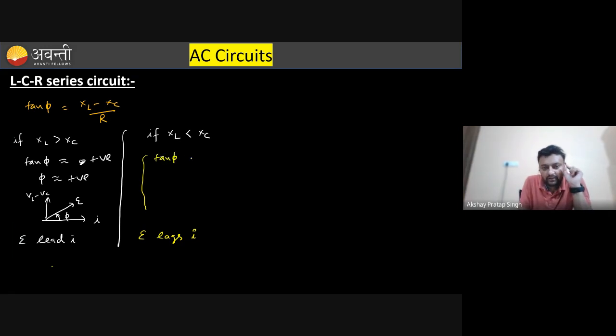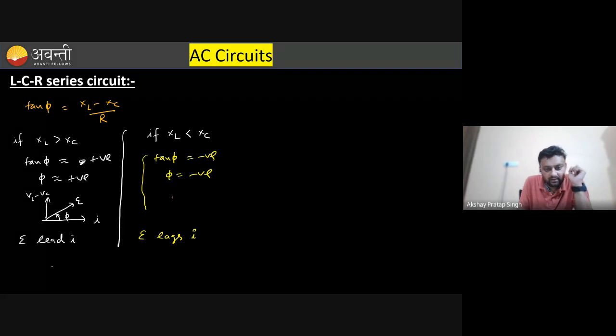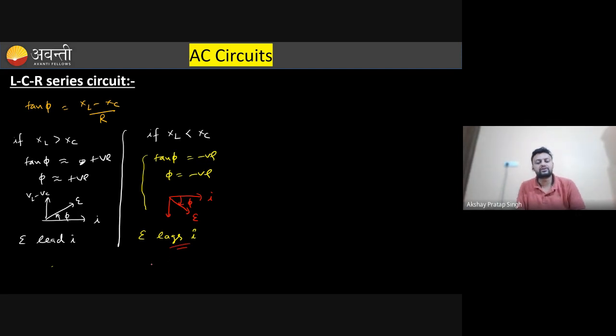Because tan phi will be negative, or phi will be negative. And if phi is negative, then you can draw the phasor diagram. Negative phi means if this is current, then this is the phi. Negative phi means EMF lags the current. And if EMF lags the current, the circuit is more capacitive.